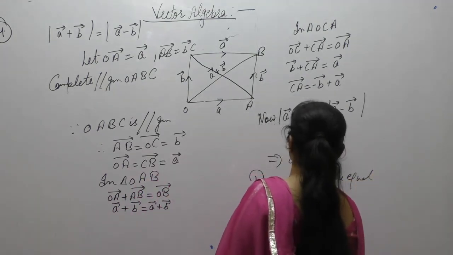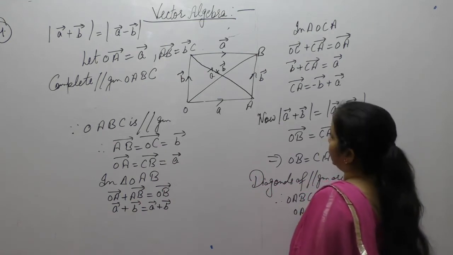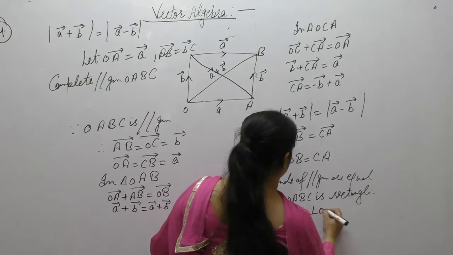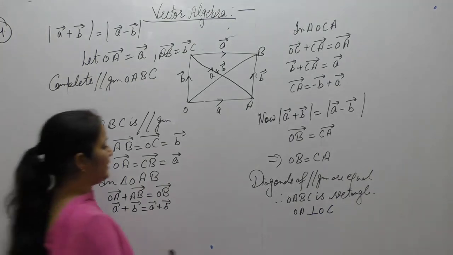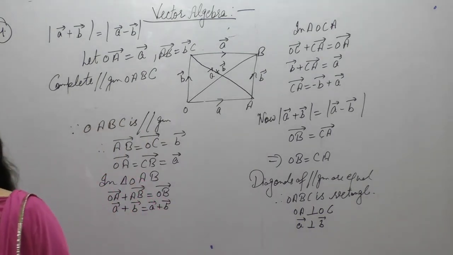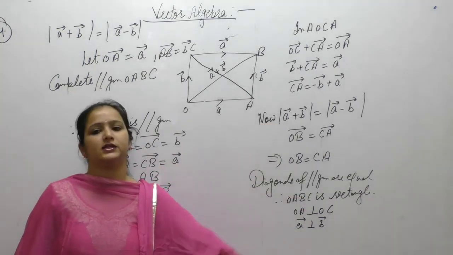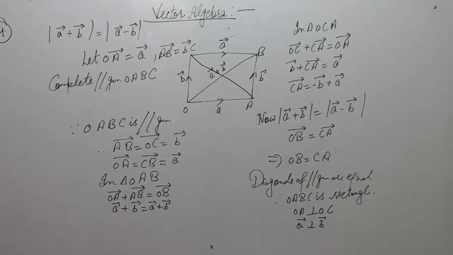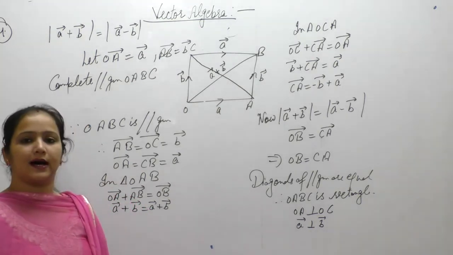Therefore, OABC is a rectangle and OA is perpendicular to OC. That is, A vector is perpendicular to B vector. Thus, if this equals this, then A vector is perpendicular to B vector. That is, if the diagonals of a parallelogram are equal, then it is a rectangle.